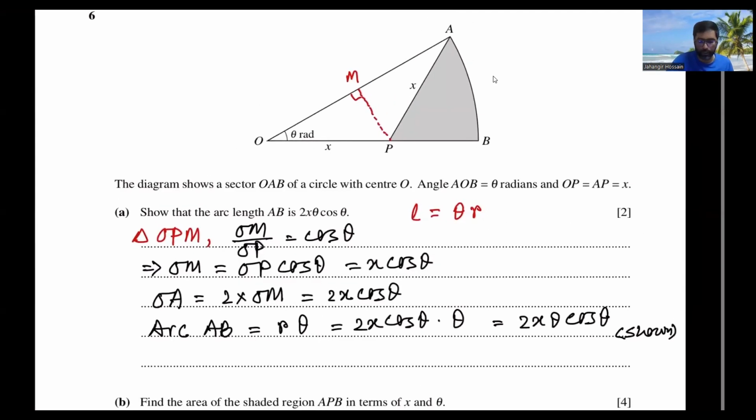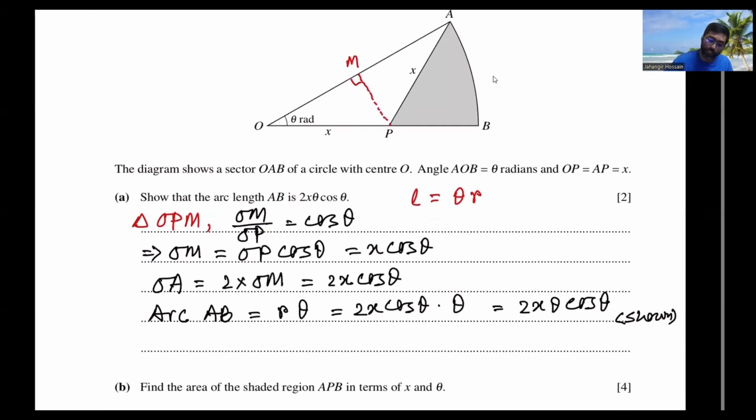Okay, you will find the area of the shaded region in terms of x and theta. And to find this area, you see if you can find the area of the sector minus area of this triangle OAP, you will get the area of the shaded region.